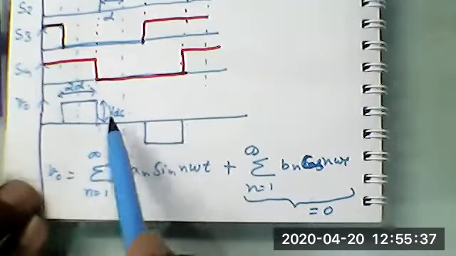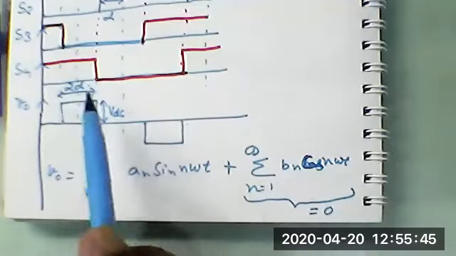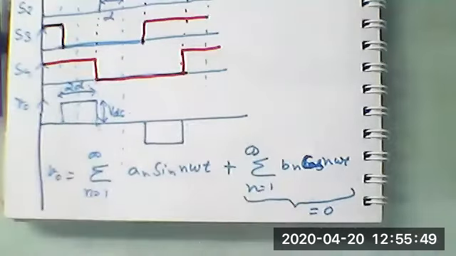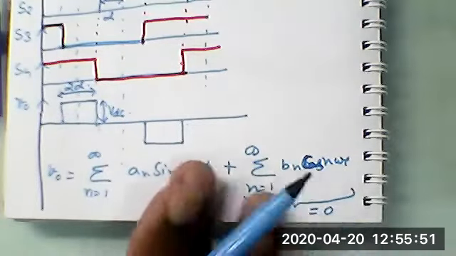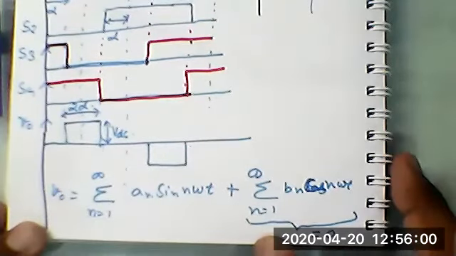It is symmetric. If there is unsymmetry, then only DC component will appear at the output. If waveform is symmetric, there is no question of DC component. Is it okay? Yes, sir.